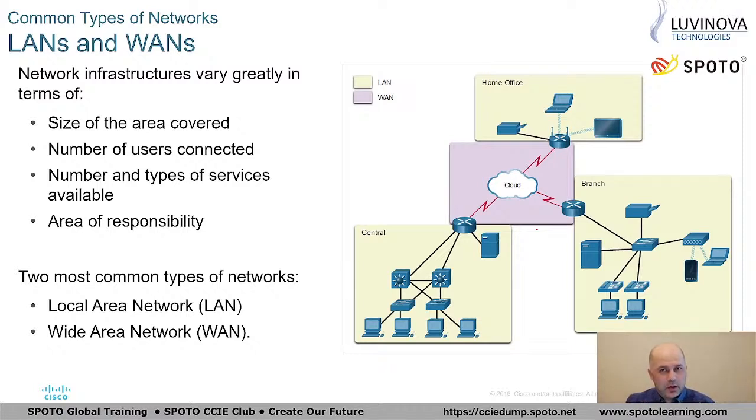The LAN, local area network. A WAN is a wide area network. It's if you are trying to connect, for example, the Toronto head office with the Montreal or Vancouver head office buildings. So it's city to city, country to country, or continent to continent. That is your WAN connection.